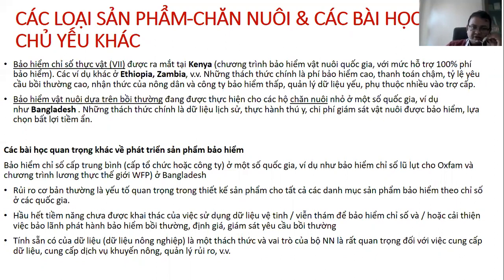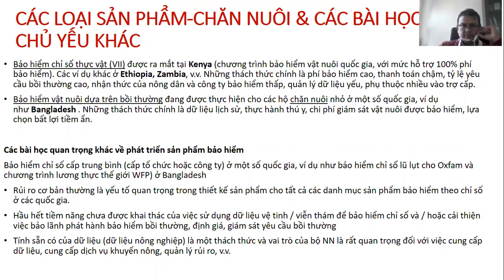There are other examples of this kind of product happening in Ethiopia, in Zambia. There are similar challenges of high premium rates. The payouts have sometimes taken a while to occur. The monitoring of the payouts has happened very quickly, but then actually the payouts going to the farmers has taken longer, because of the challenges related to the infrastructure being used for making the payouts.